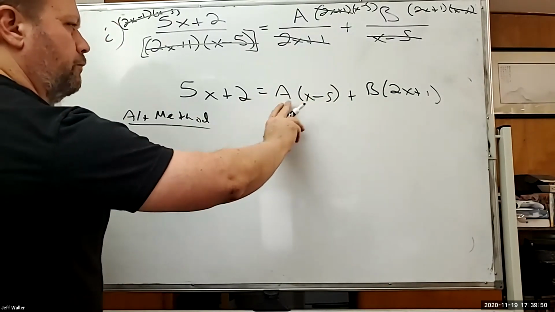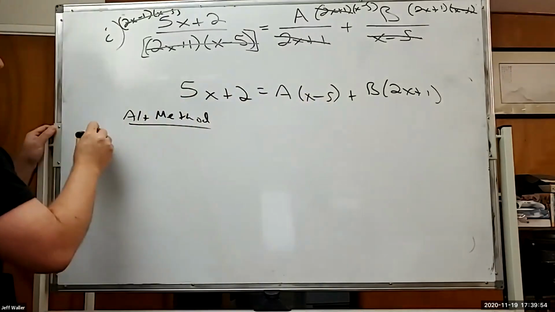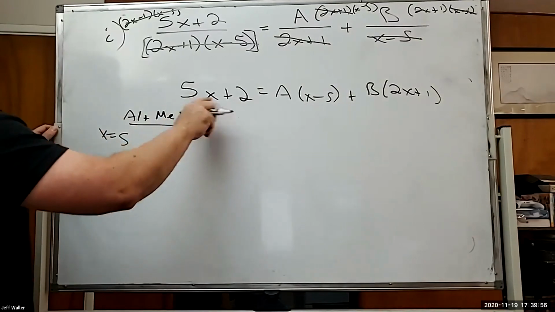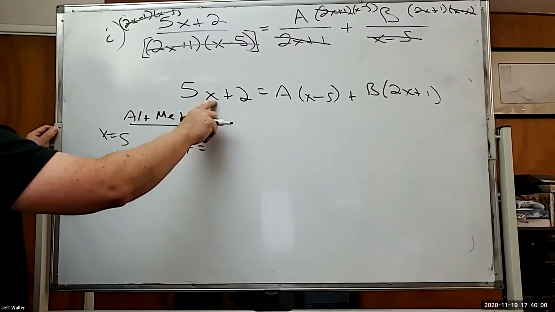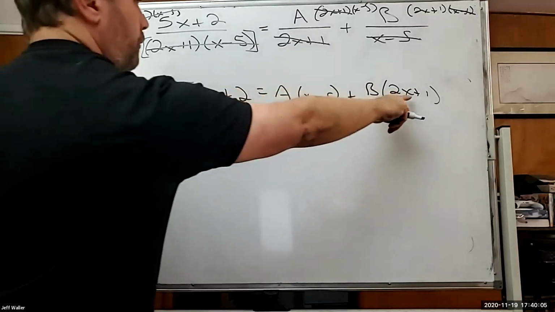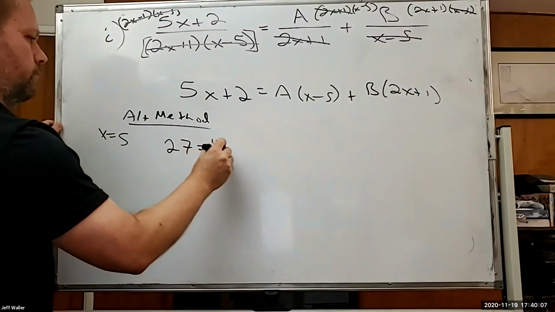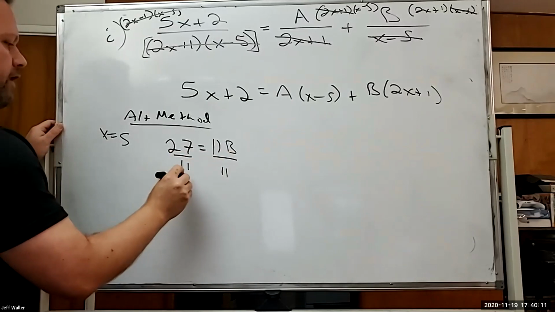Like, what would I make it equal? 5. 5 is a great number to make. So if x is 5, this side will be 27. Is that cool? Right, if x is 5, 27. That goes away, that dies, and that'll be 11b. So then b is 27/11.